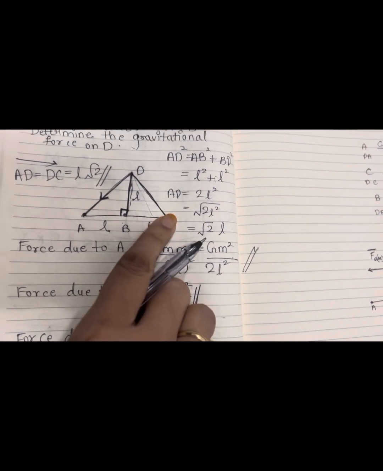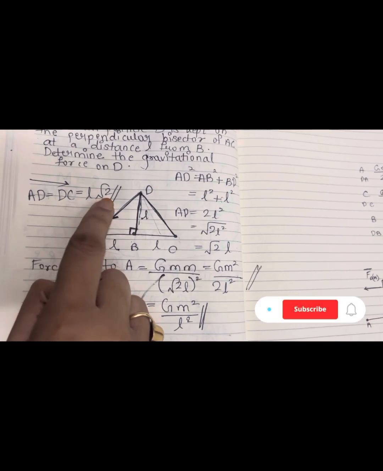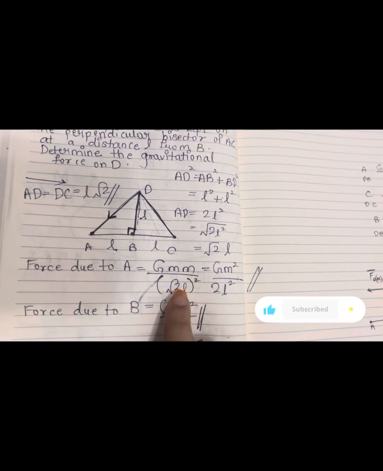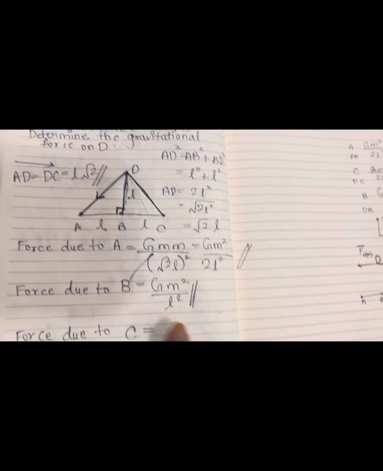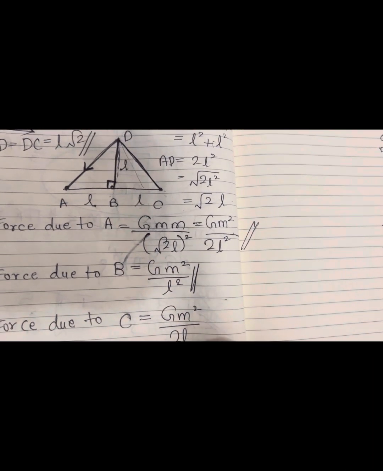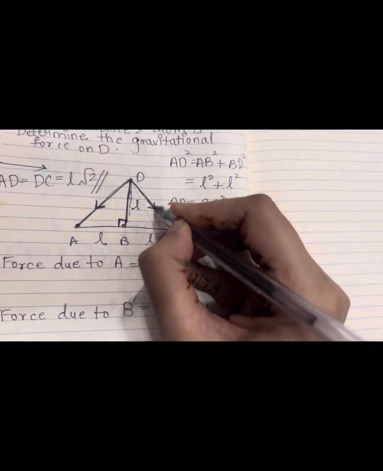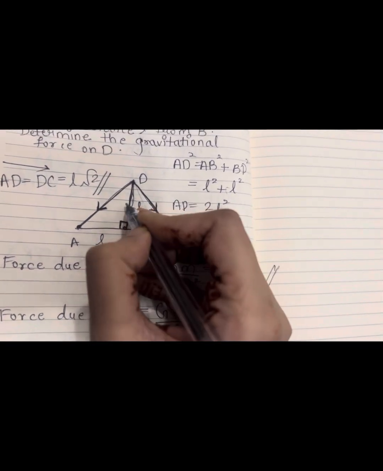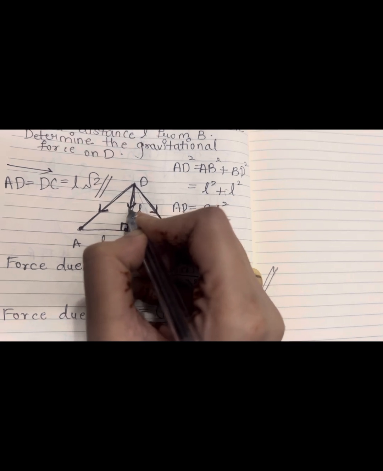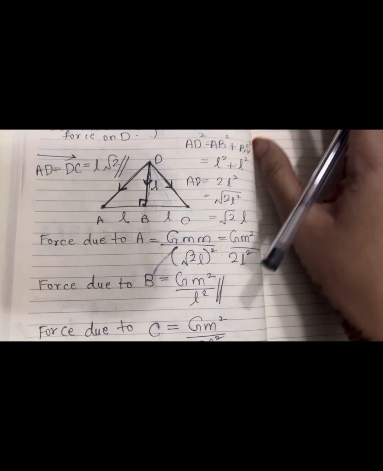Due to C, the distance between C and D, or DC, is root 2 L, same as AD, so the gravitational force is going to be the same. For DC, the gravitational force is acting towards C, and here it is acting towards B. So we have the directions. Now we have the forces.